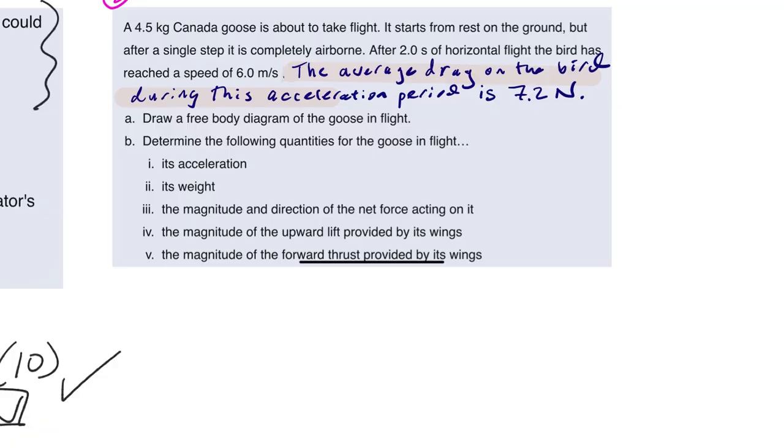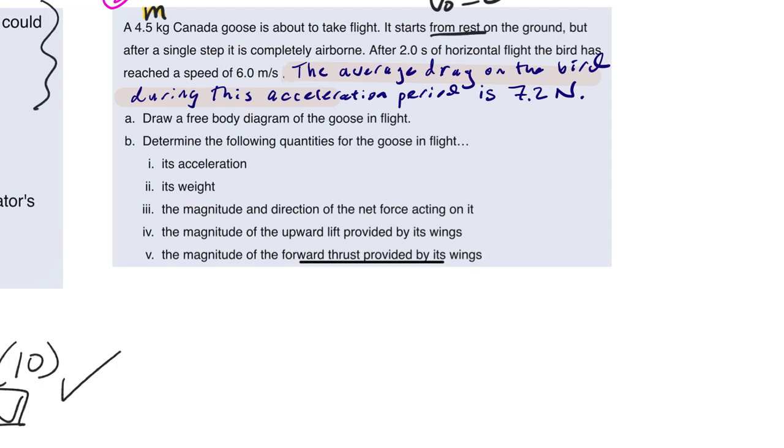So in this next problem, we got the mass of a goose. It starts from rest, so I guess V0 equals 0.